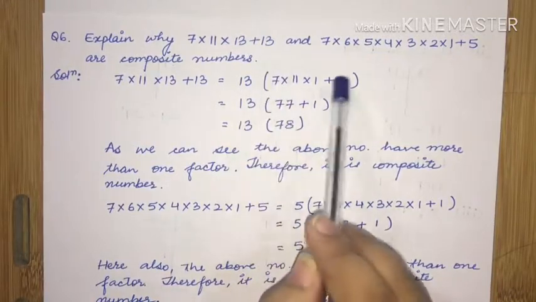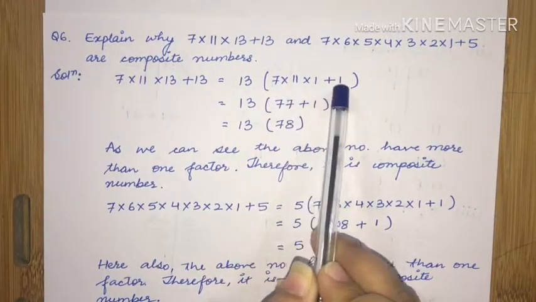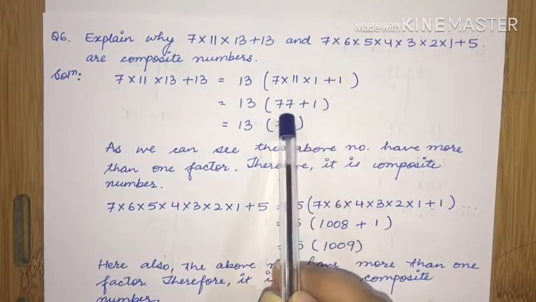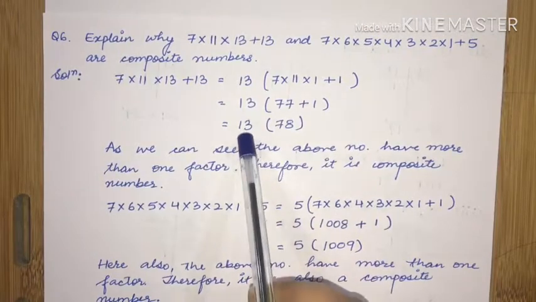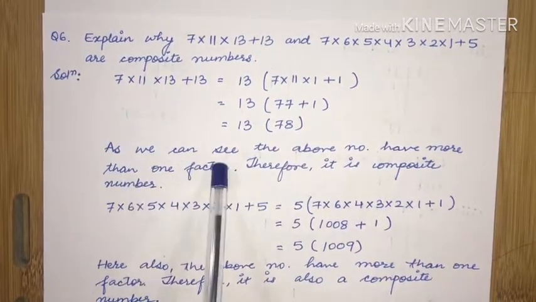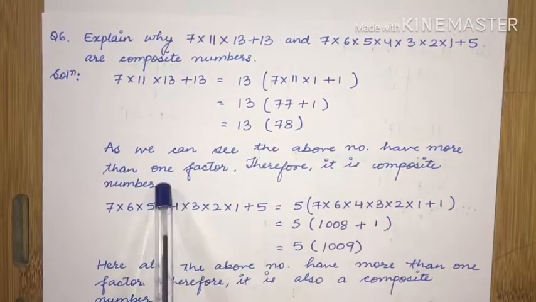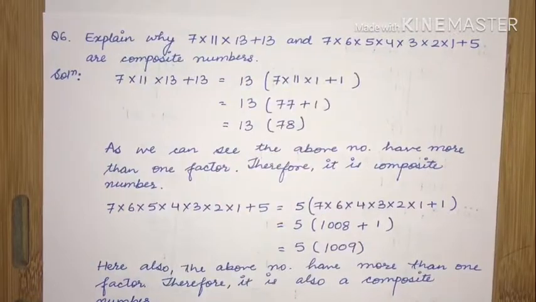So as 13 is common, we'll take it common, so we are left with 7 into 11 into 1 plus 1. Now we'll multiply it. It would come out to be 77 plus 1, which is equal to 13 into 78. As we can clearly see, the above number has more than one factor, therefore it is composite.